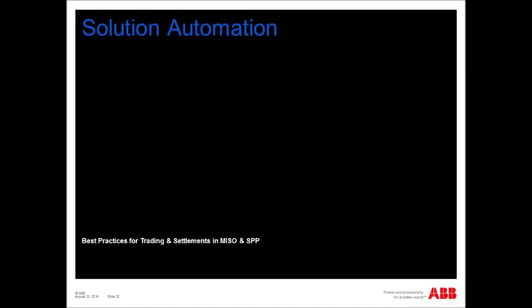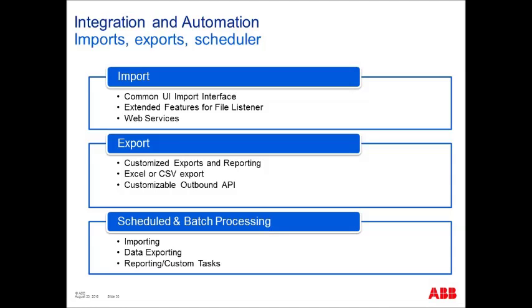So at the end of that reporting, we saw some of the scheduler capabilities, but let's go over all of the nMarket automation and integration. These are the solution automation features that are available. For import, you have a common UI import interface. We also have some extended features for file listeners.